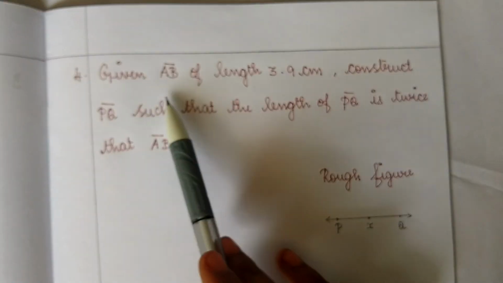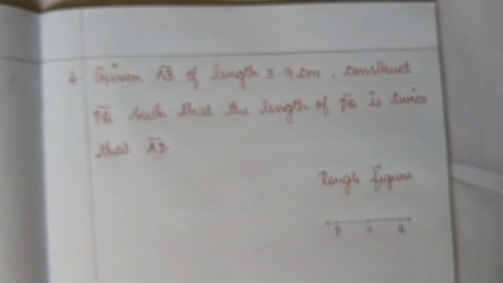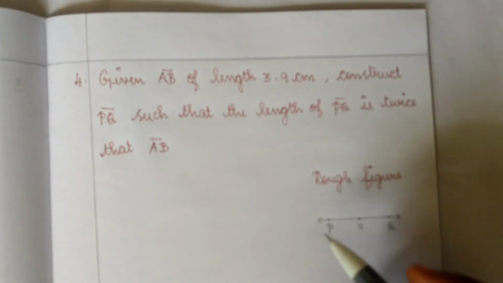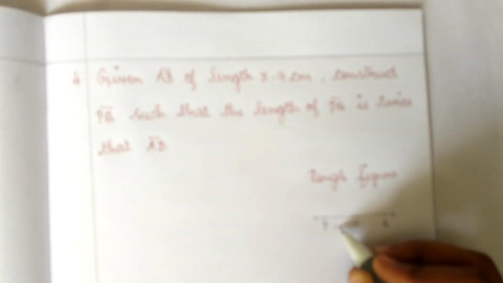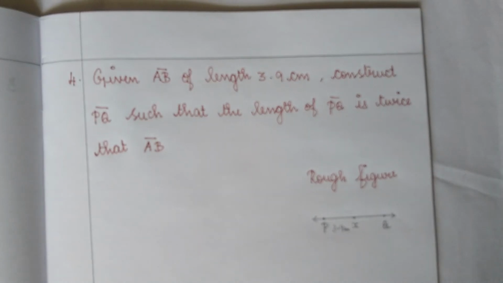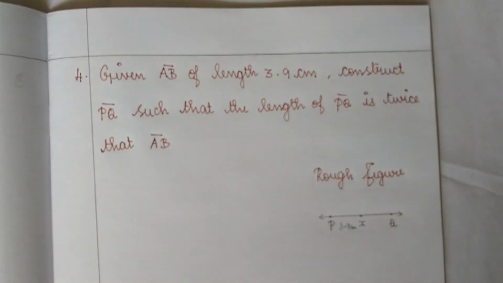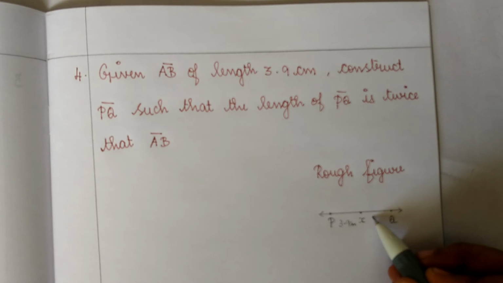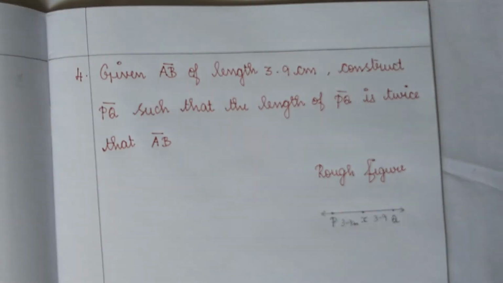Line segment PX is equal to the length of the line segment AB. Here AB is 3.9 centimeter. So PX also 3.9 centimeter. And line segment QX also has the same length as line segment AB. This is also 3.9 centimeter.